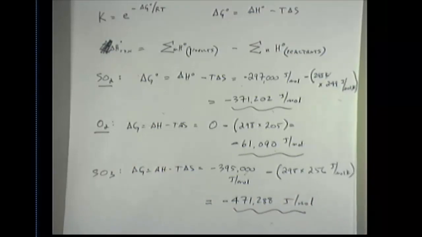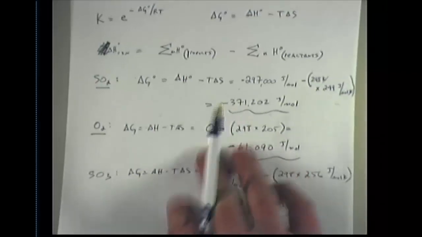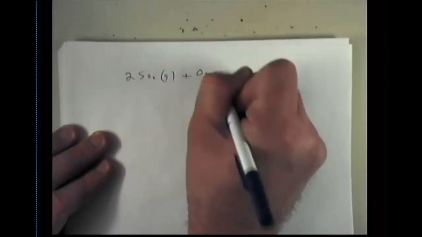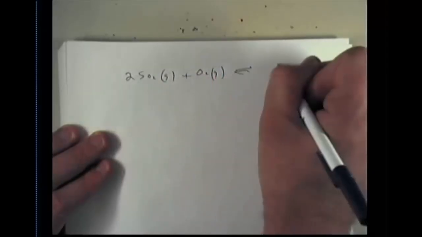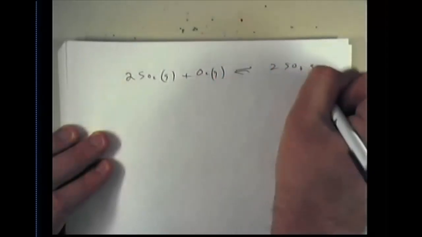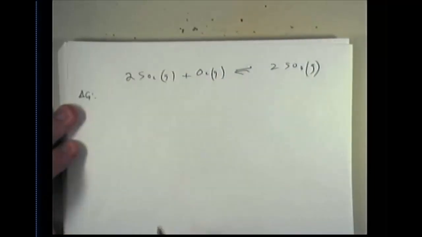So now we have delta G values for each individual component in this reaction. Let's look back now at the reaction itself. The overall reaction we've been examining is 2SO2 gas plus O2 gas in equilibrium with the product 2SO3 gas. Once again, we now know our delta G values for each component.